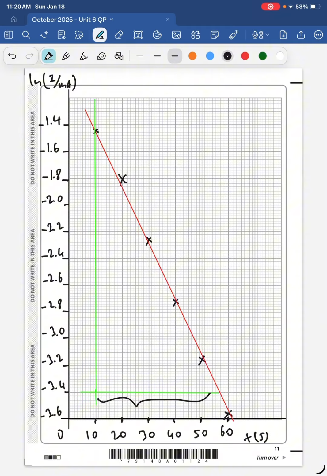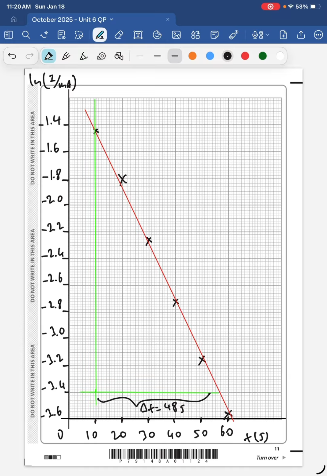We have 10, 20, 30, 40, 45. Each of those little squares is 2. So this is 10, 20, 30, 40, 45, let's say 48 seconds. So delta t is 48 seconds.